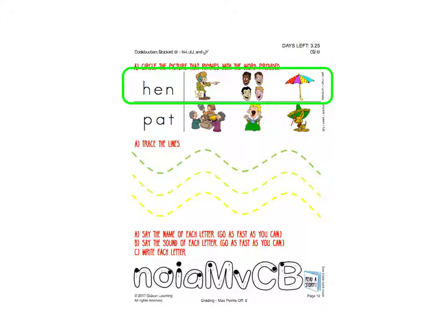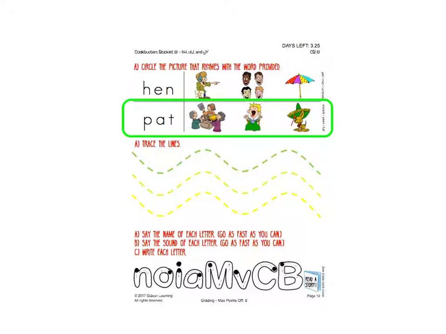Hen, yell. Hen, men. Hen, umbrella. Notice that this is a very interactive activity with you and your child to make sure that they really understand how to do this activity, since they can't read these words quite yet. So hopefully your student at the end of this activity has noticed that hen and men have similar ending sounds. Therefore, hen and men rhyme.